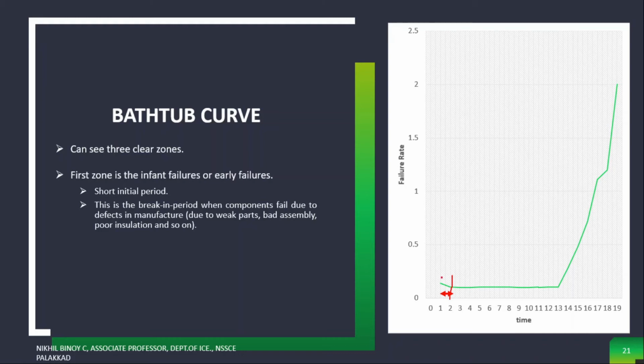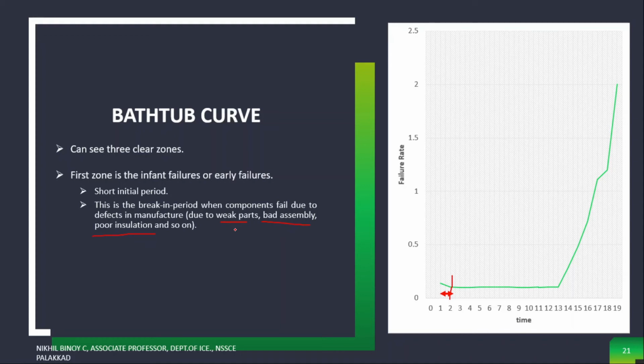Okay. So normally this will occur when the manufacturing unit has some defects, like if the components are manufactured using weak parts or bad assembly or poor installation, etc. It is due to the manufacturing problem.